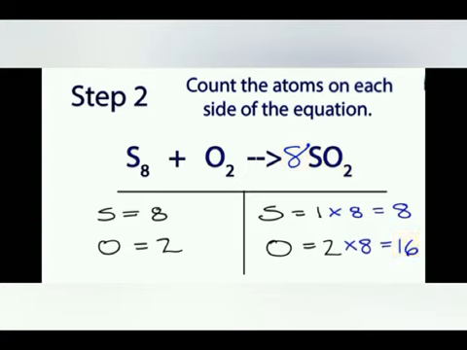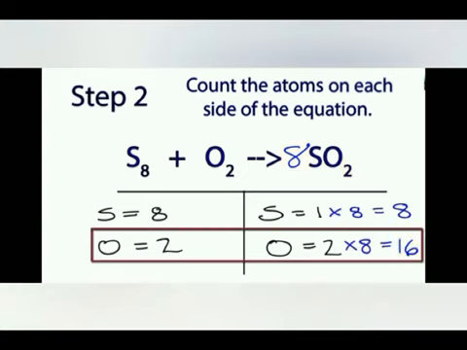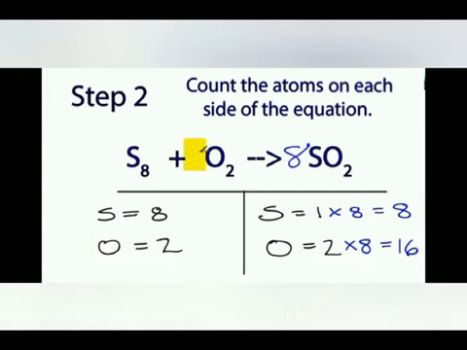Oxygen is 2 on the LHS, so with coefficient 8, 2 into 8 is equal to 16. Now see, LHS sulfur 8, RHS 8, and oxygen 16 and 16 on both sides. It's a balanced chemical equation.